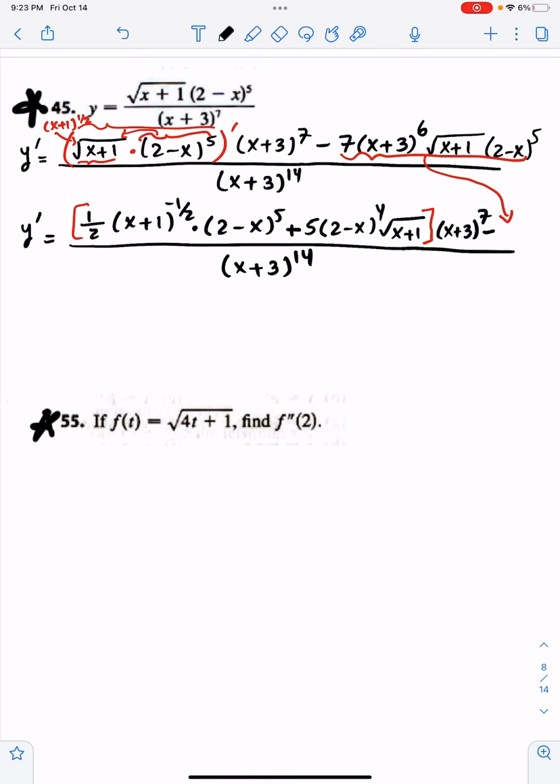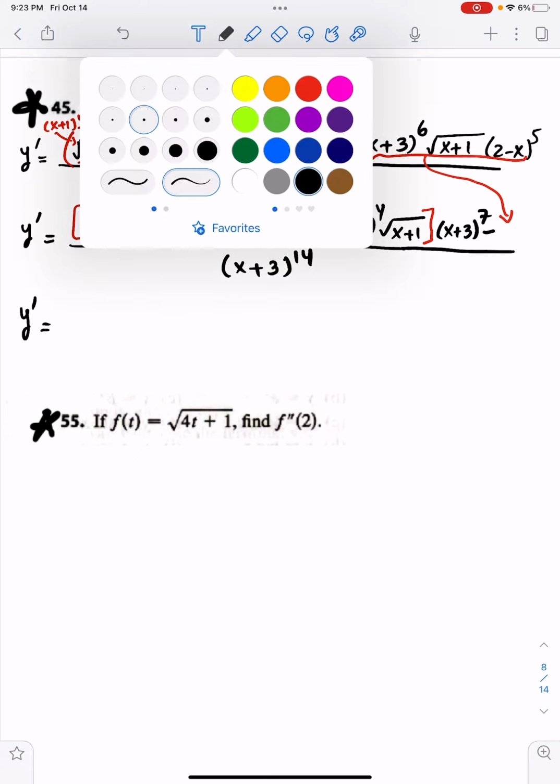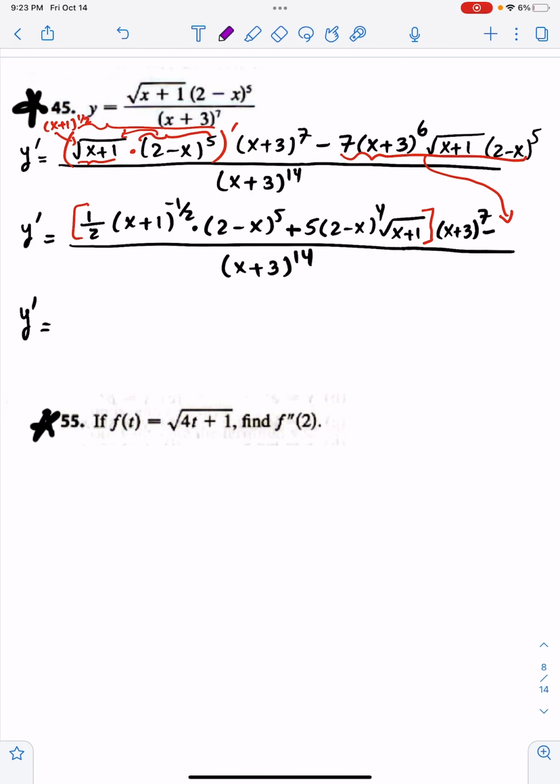Okay, to just simplify here, y prime. There are many ways that you can simplify here. One way would be to multiply the numerator and denominator, because this is like 1 over square root of x plus 1. So in order to get rid of that radical in the denominator, it's nice that you multiply the entire top and bottom by radical x plus 1.